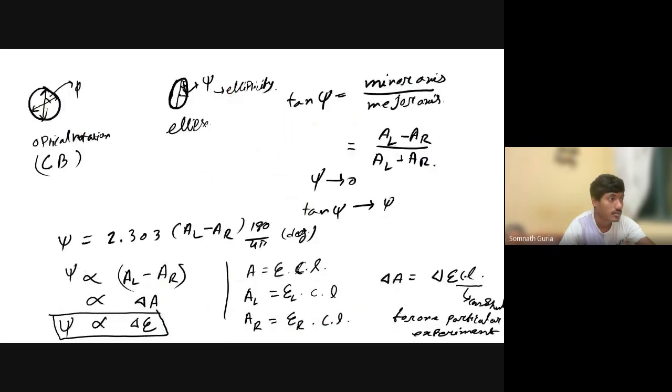And that ellipticity can be defined by the difference between the molar extinction coefficients of the optically active molecule, for which epsilon R and epsilon L are different. That value is very low.